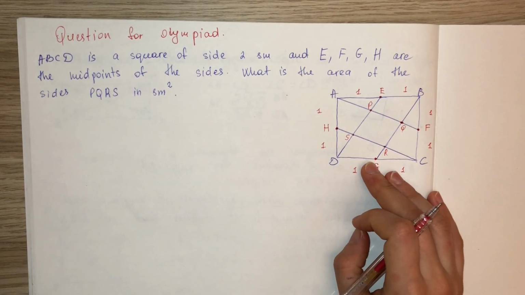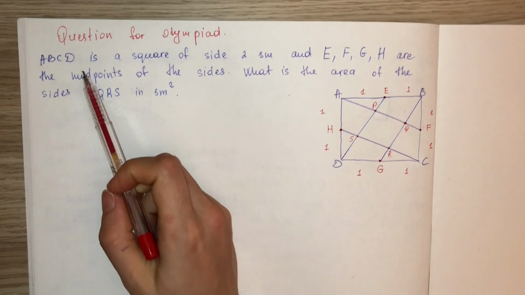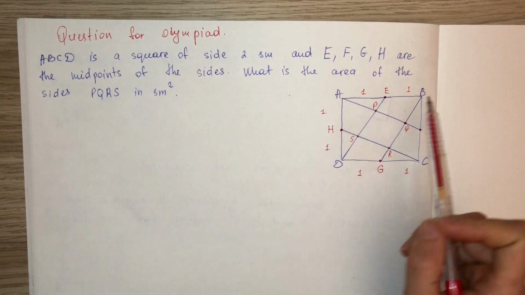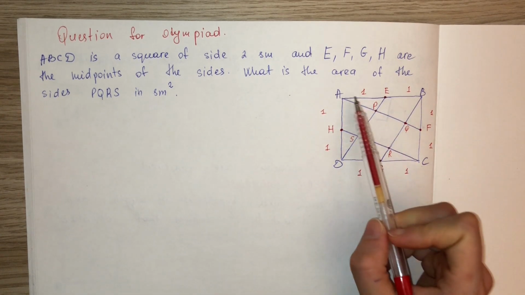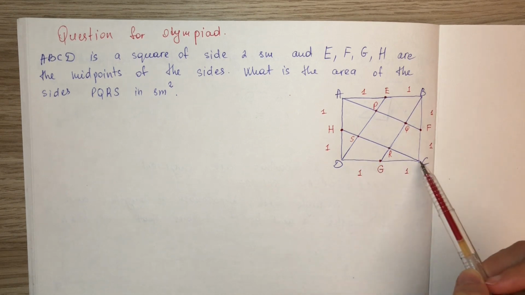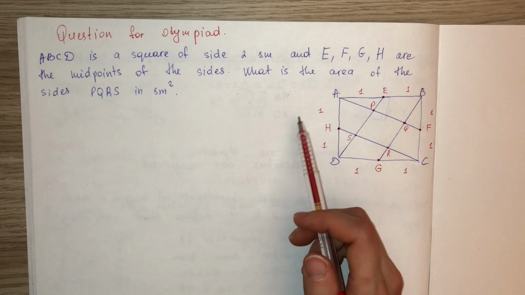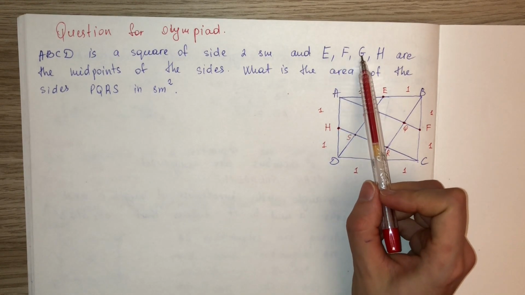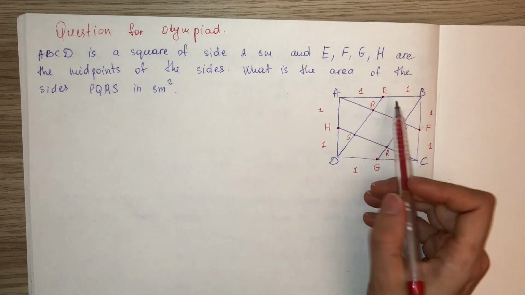And now we have a question for Olympiad about quadrilateral and parallelogram. ABCD is a square of side 2 centimeter. It means that AB is 2 centimeter, BC, DC and AD are equal to each other and 2 centimeter, and E, F, G, H are the midpoints of the sides.